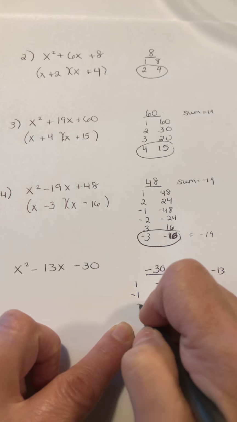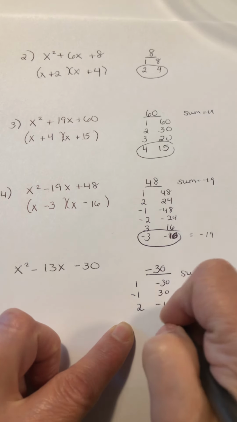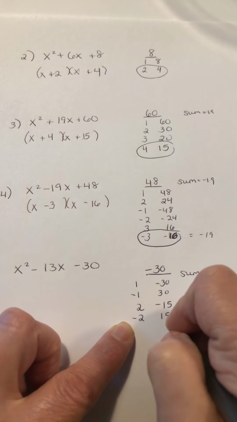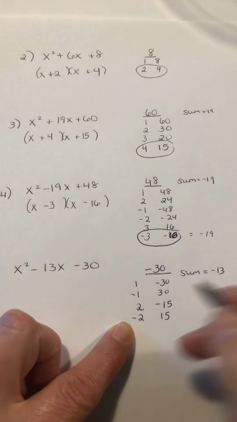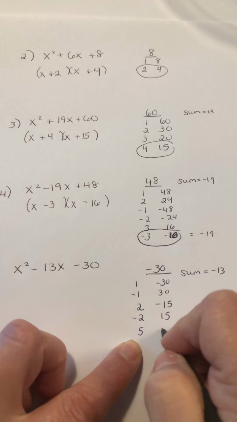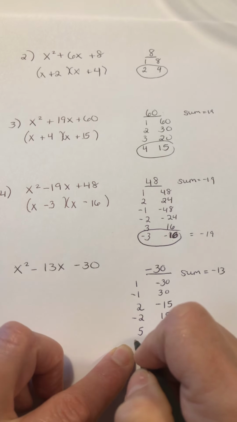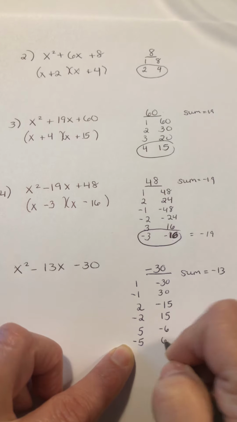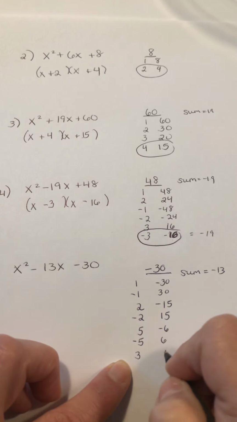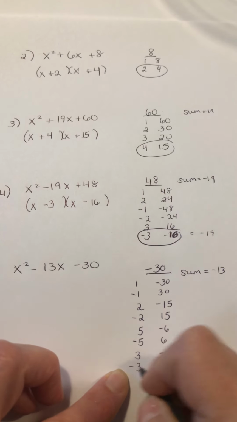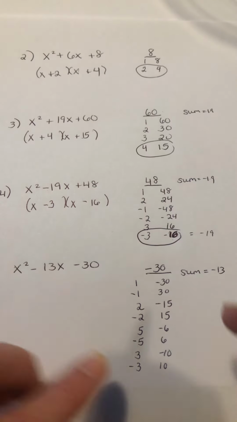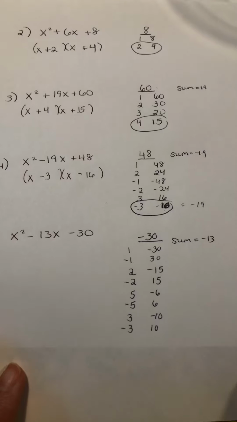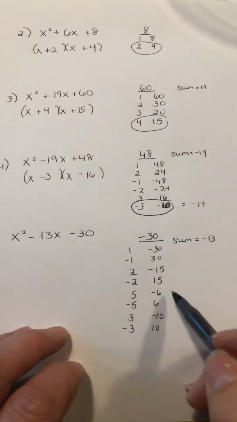I could have 2 and negative 15, and negative 2 and a positive 15. And there are others. We can also have 5 and negative 6, and we can have negative 5, positive 6, and I guess 3 and 10. So 3 and negative 10, negative 3 and positive 10. So I'm looking for the pair that gives me a sum of negative 13.